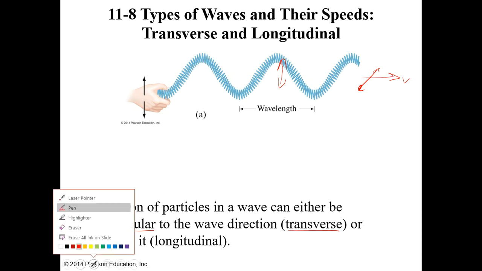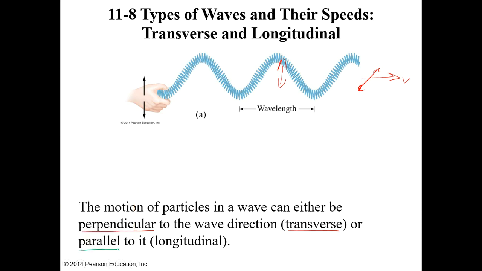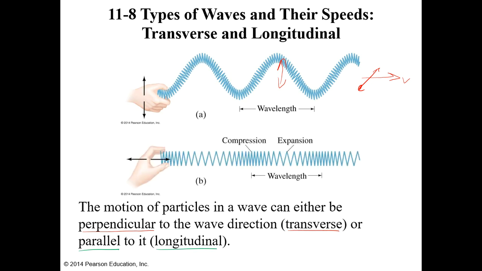Now, the other type of motion would be where the disturbance is in the same direction or parallel to the forward velocity, and that's longitudinal. So here's an example. You have a compression wave in this slinky.